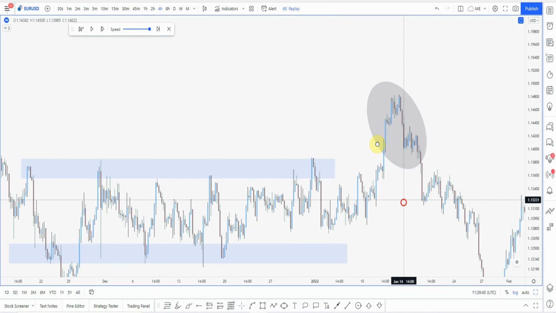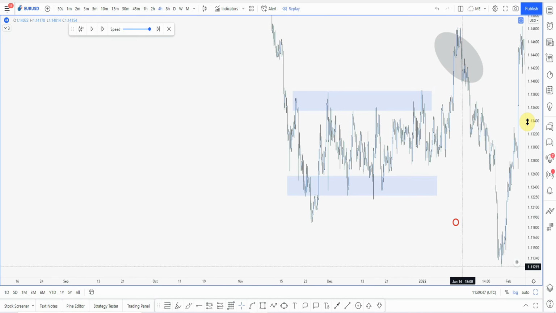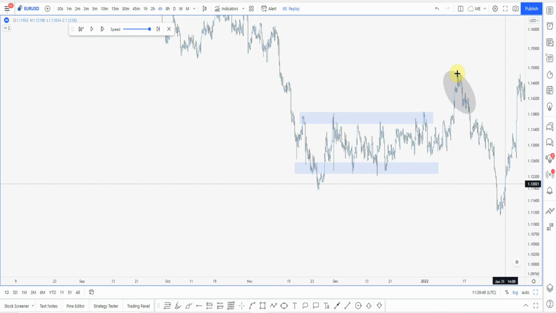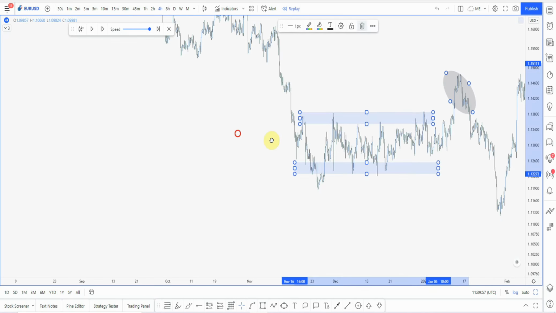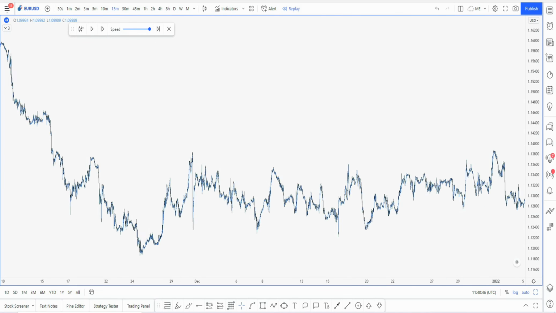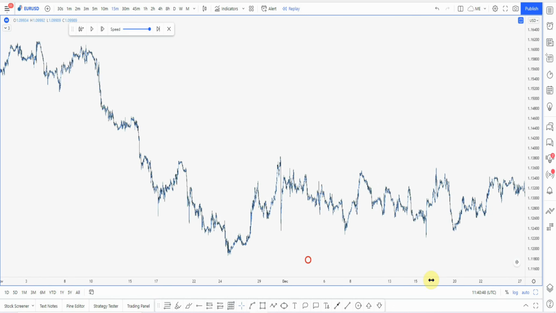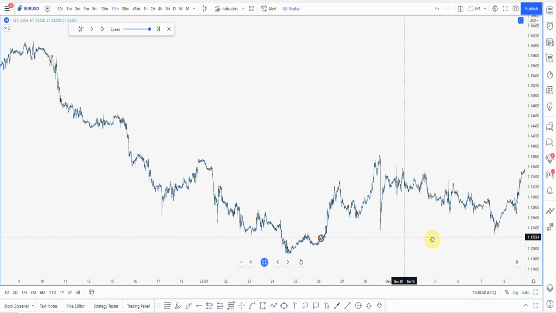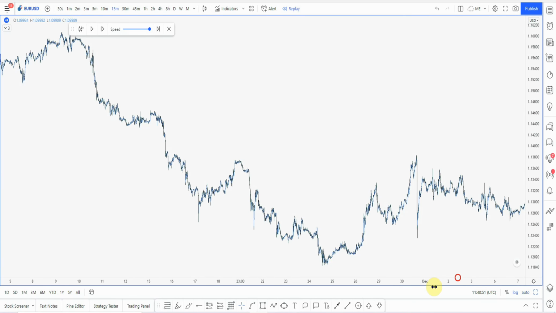and then market dropped very strong after taking this liquidity, then market traded to the downside. Also you can see here as well, this is M15 time frame.